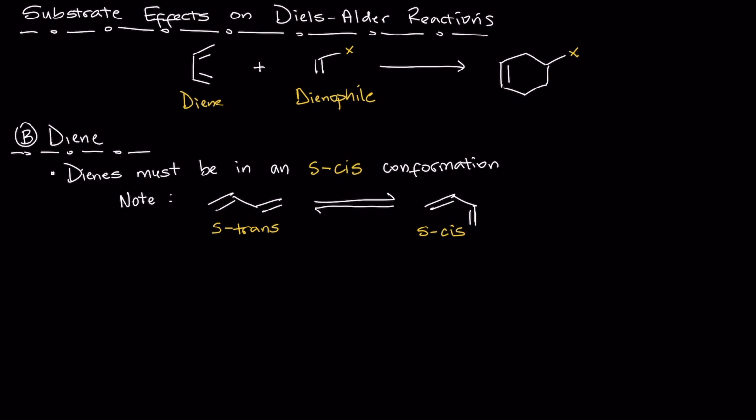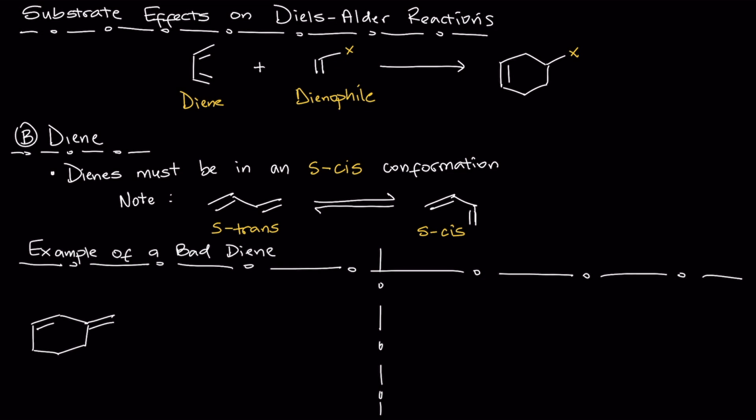So both of these conformations will exist for this particular diene, but the S-cis conformation is the one that engages in our Diels-Alder. So with that in mind, we can start to think about examples of bad dienes, dienes that can never really do Diels-Alder, and dienes that are really good at doing Diels-Alder.